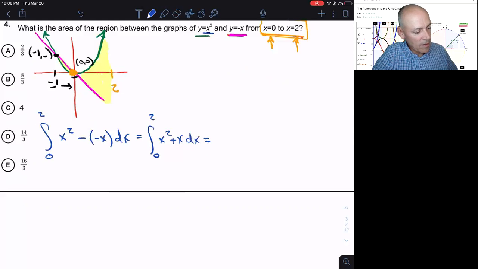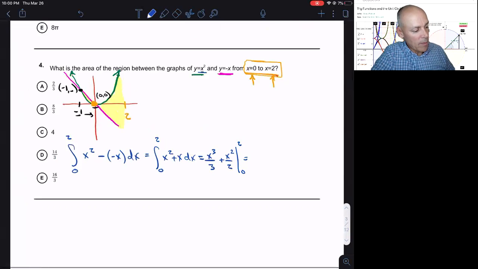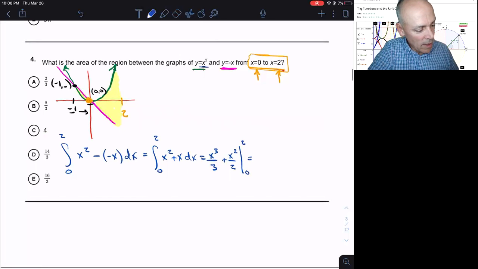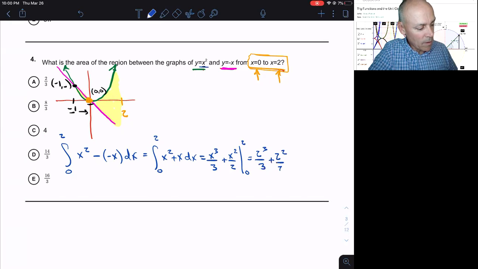Take the antiderivative, x to the third over 3 plus x squared over 2, evaluated from lower bound to upper bound. Plug in the upper bound, it's going to be 2 cubed over 3 plus 2 squared over 2 minus, plug in the lower bound, we're going to have 0.